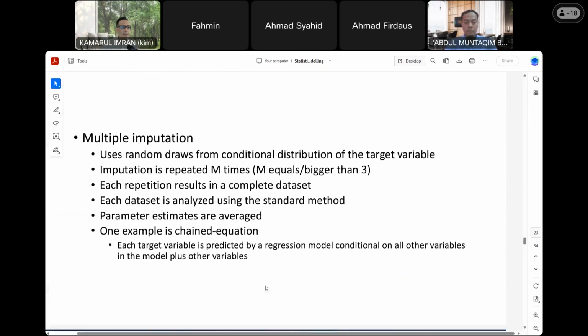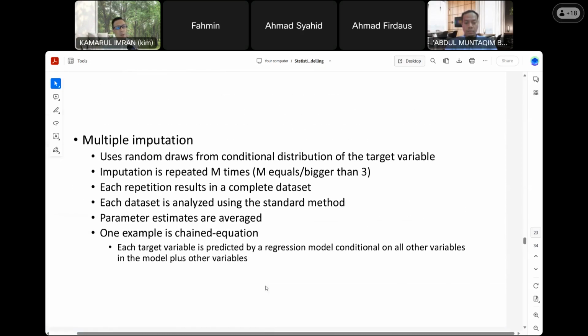Right. The best one is to use multiple imputation. Right, multiple imputation. So you have one data set, right? And then what multiple imputation will do is that it will generate like 20 data sets or 30 data sets or maybe 100 data sets. And then after that, it will average the value of variable age, for example.